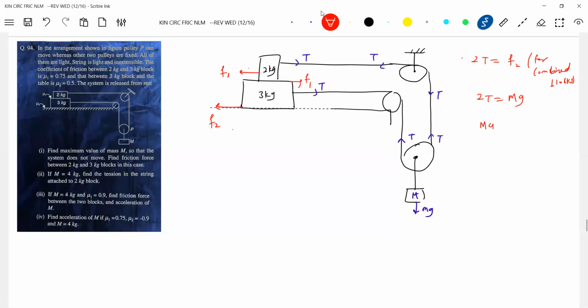So therefore mg should be equal to F2. When M becomes maximum, this F2 will become limiting. So the maximum value of M will be F2L by g, which is mu2 times (2 plus 3), that is 5 mu2.